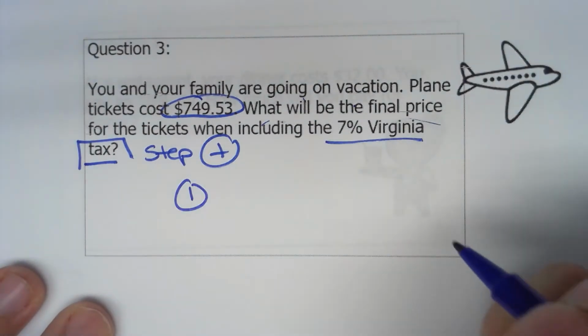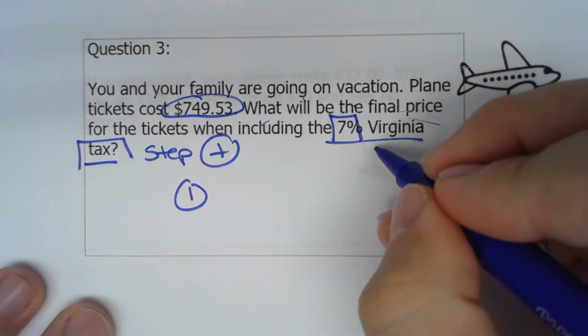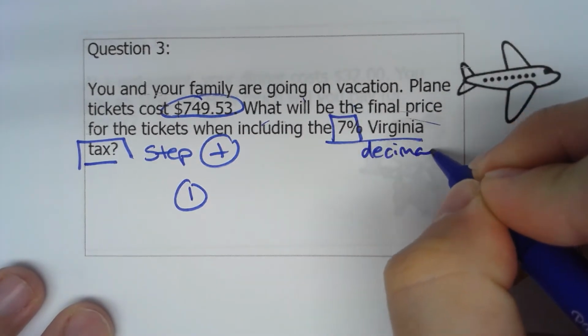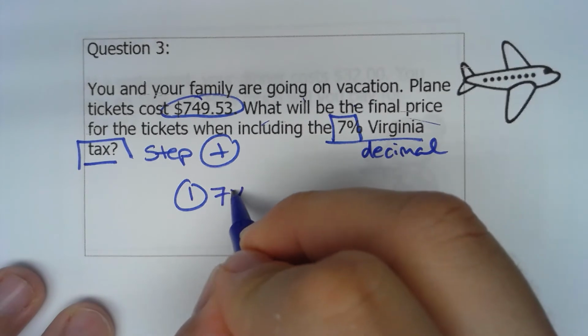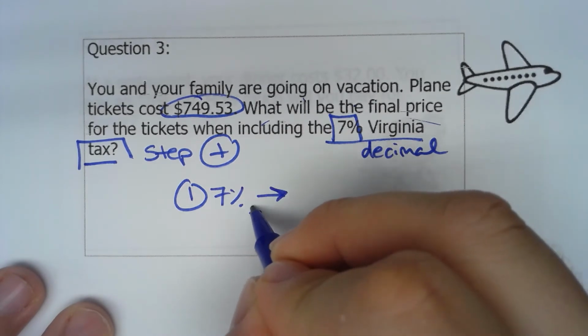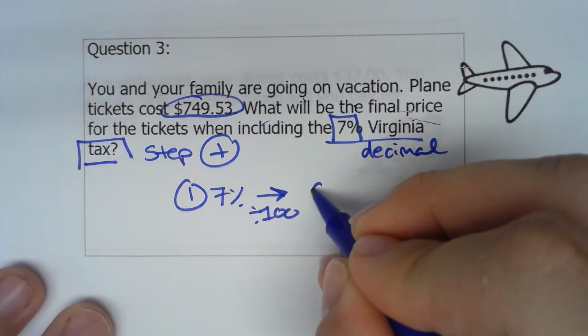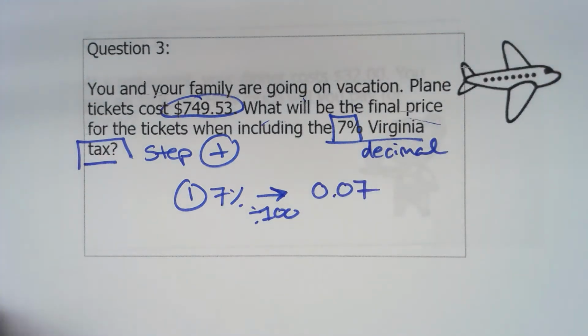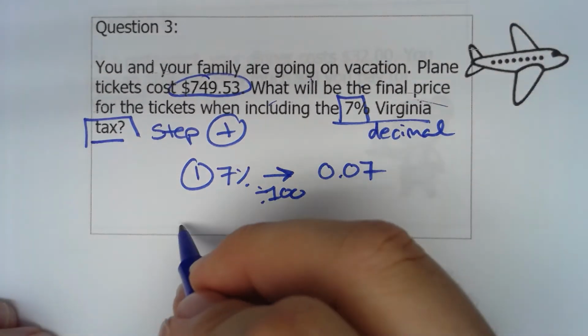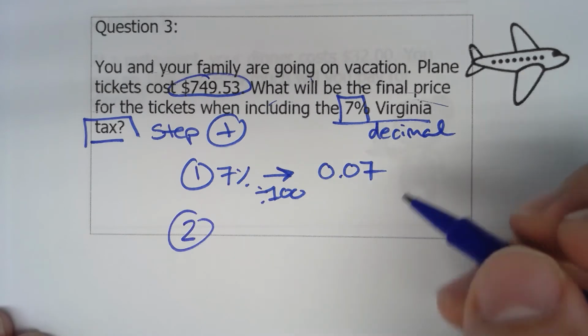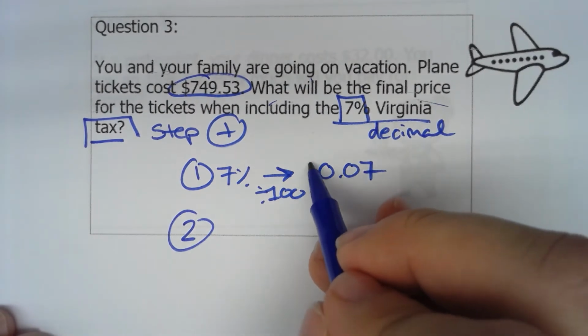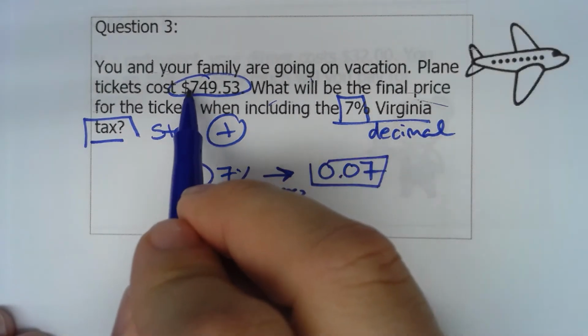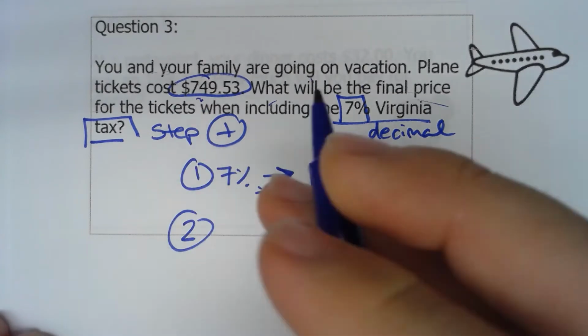Step 1, change the percent to a decimal. Okay, 7% to a decimal. Remember, you divide by 100, you're going to get 0.07. Step 2, you need to multiply this decimal by the original price, just like we did.